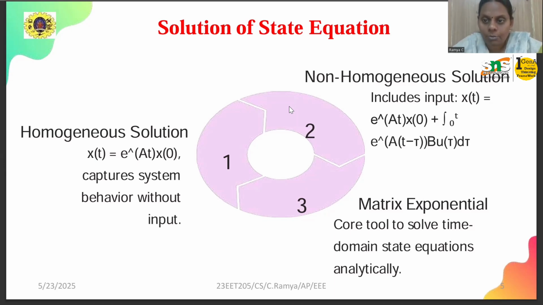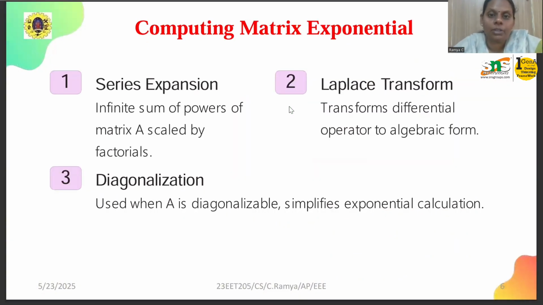The non-homogeneous solution has x of t equal to e power At multiplied with x of 0, added to the integral from 0 to t of e power A into (t minus tau) B u of tau, multiplied with d tau. This includes the effect of the external input u of t. The key here is the matrix exponential, e power At, which tells us how the system evolves over time. And now we are going to see how to compute this matrix exponential.